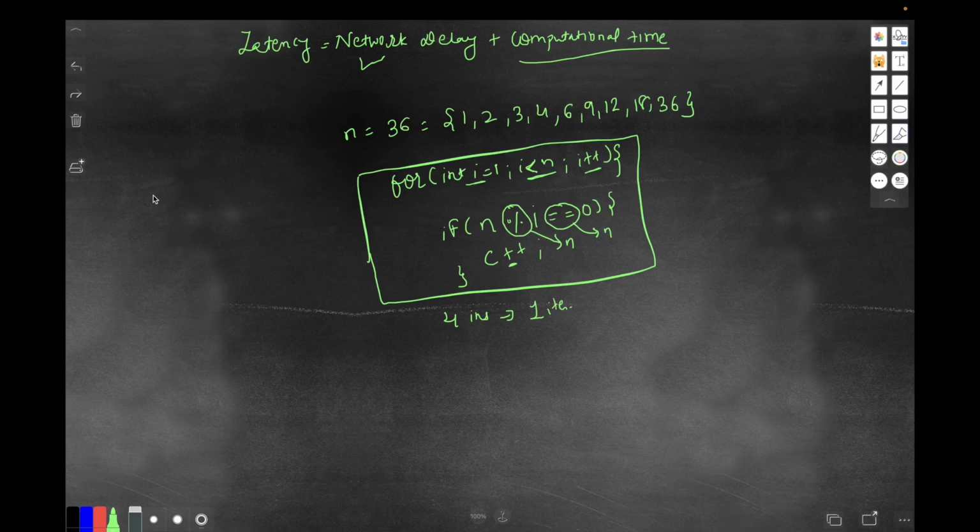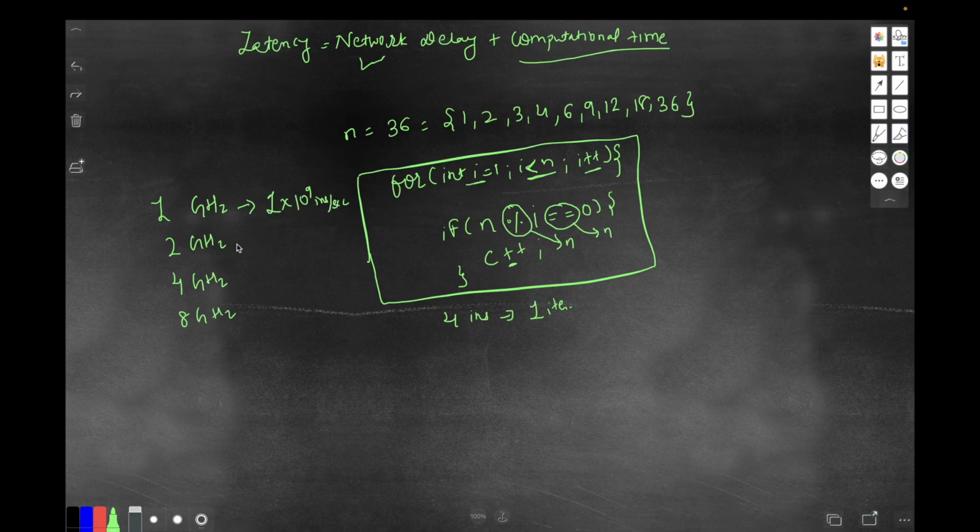Have you heard that a processor can be 1 gigahertz, 2 gigahertz, 4 gigahertz, 8 gigahertz? So what does this mean? This means that my processor is capable of executing 1 into 10 to the power 9 instructions per second.